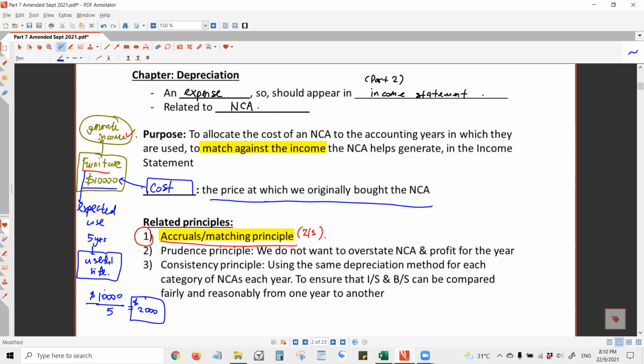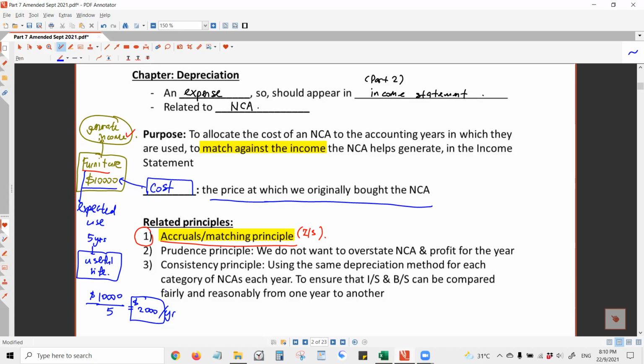You take the 10,000 divided by 5, is $2,000 per year. So that means you are going to use $2,000 portion of that furniture each year. Every year you use $2,000 worth of that furniture.